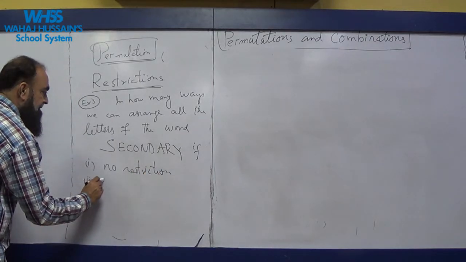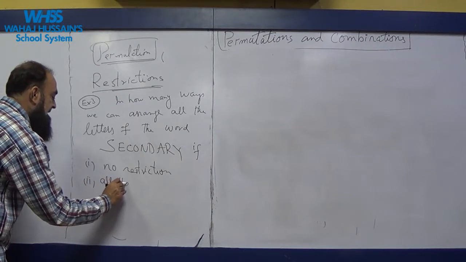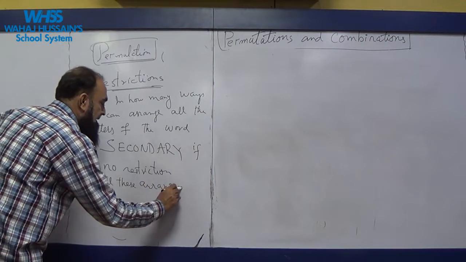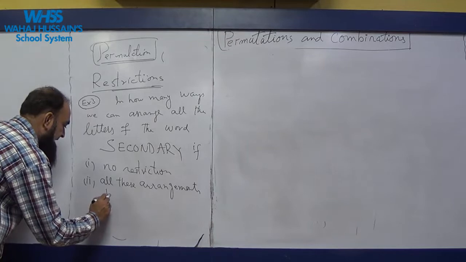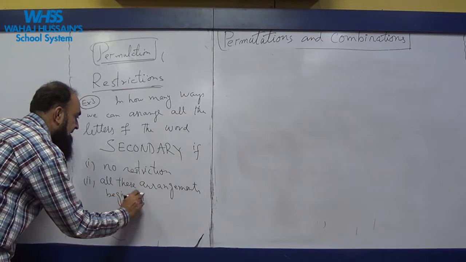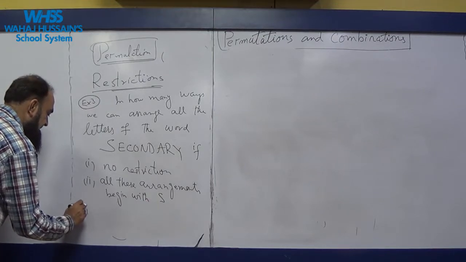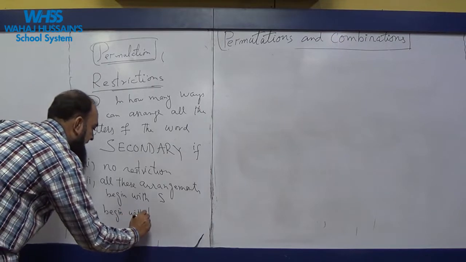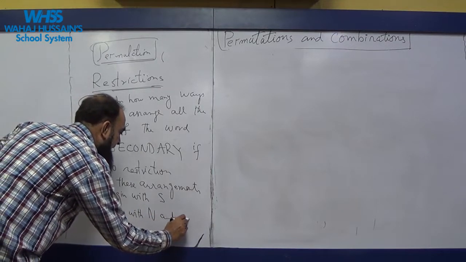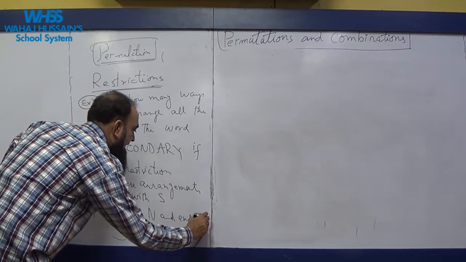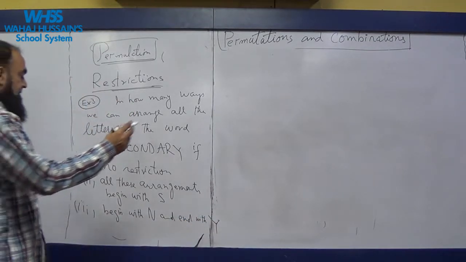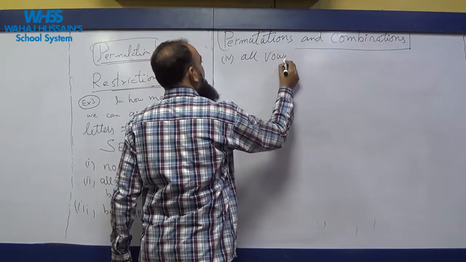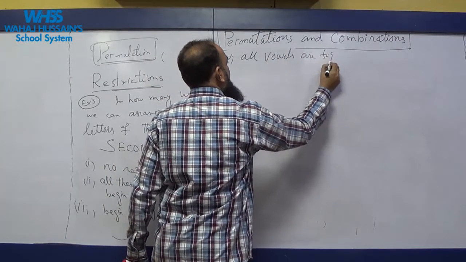Part 2, all these arrangements begin with S. Third, begin with N and end with Y. Fourth part, all vowels are together.